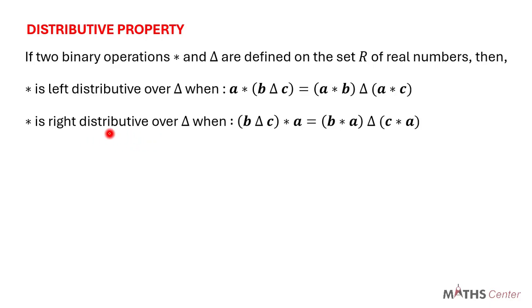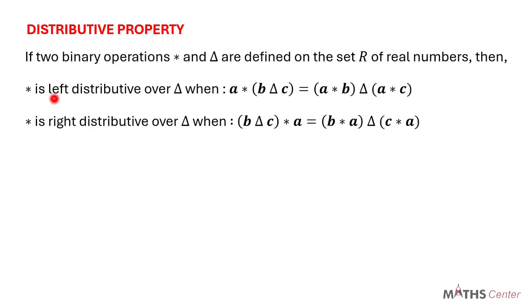We say that star is right distributive over delta when (B delta C) star A is equal to (B star A) delta (C star A).